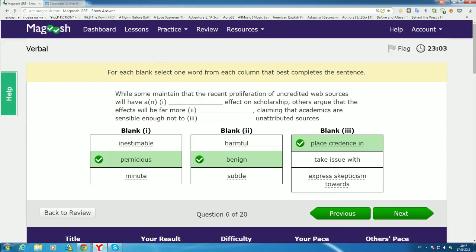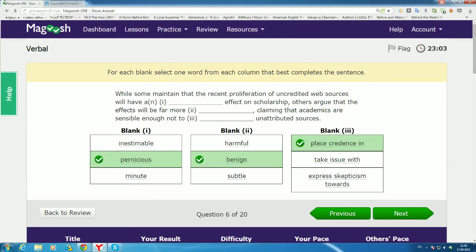Maybe it doesn't fit here because of this. Explain it. Claiming that academics are sensible enough not to express skepticism towards unattributed sources.